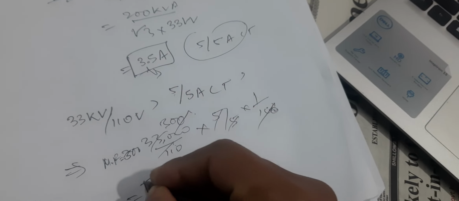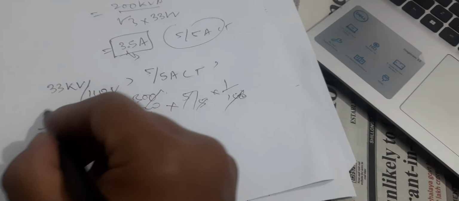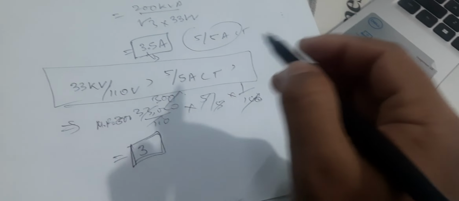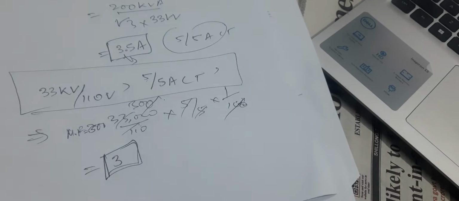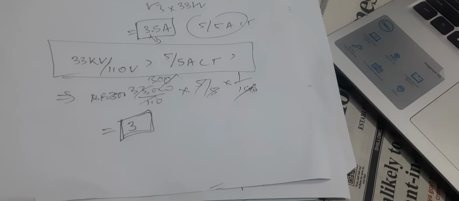All right, MF is 3. So this is how you have chosen the CTPT rating, this is how you choose the CT ratio.